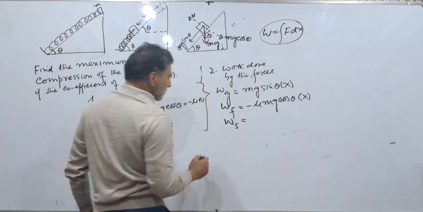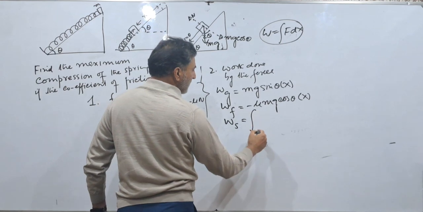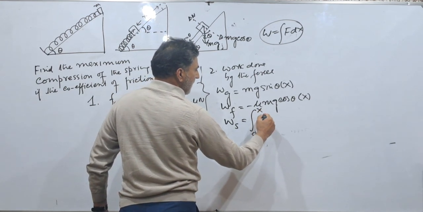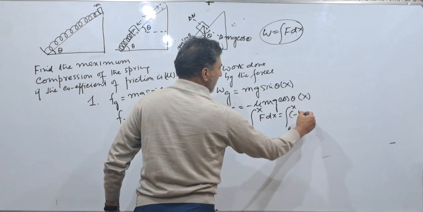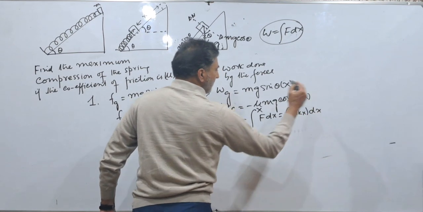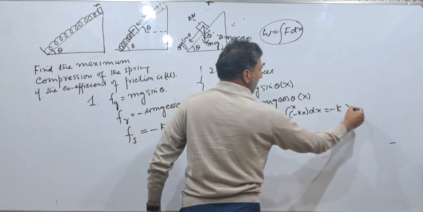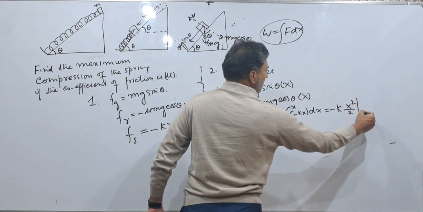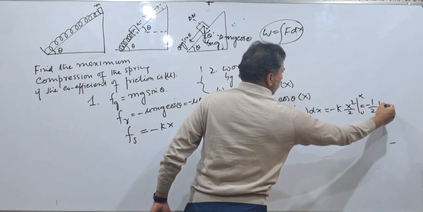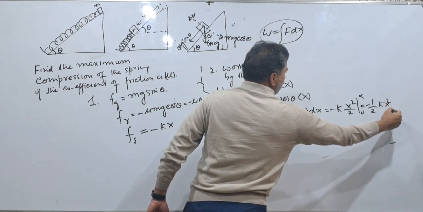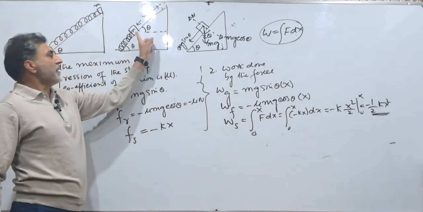So the work done by spring force is the integral from 0 to x of minus kx dx, that is minus k times x squared by 2, that is minus 1 by 2 k x squared. This is the work done by spring force when the body comes from here to here.